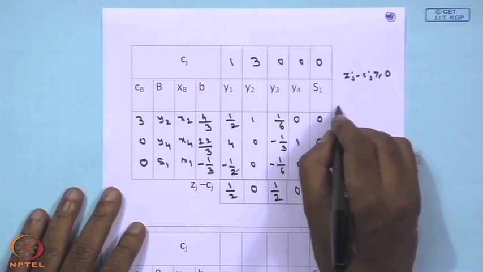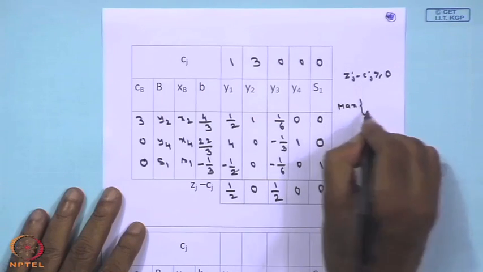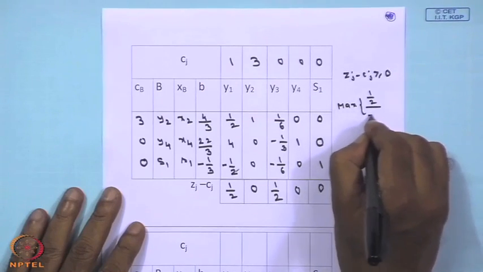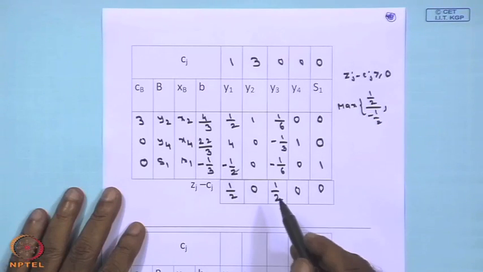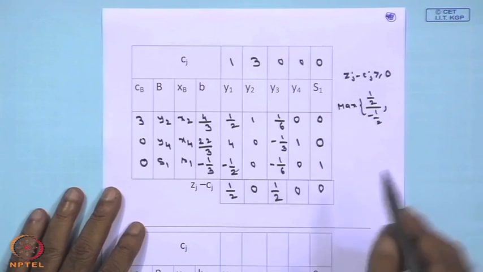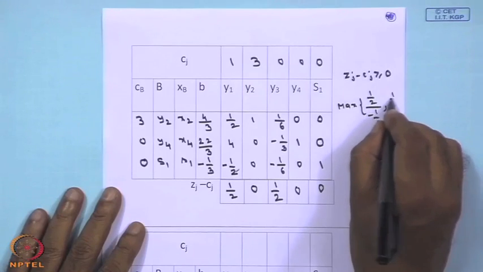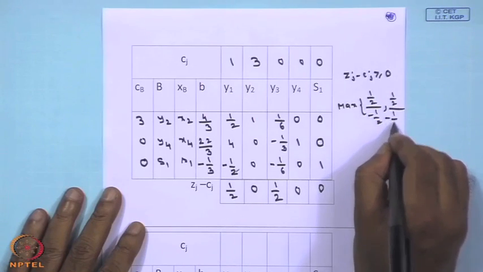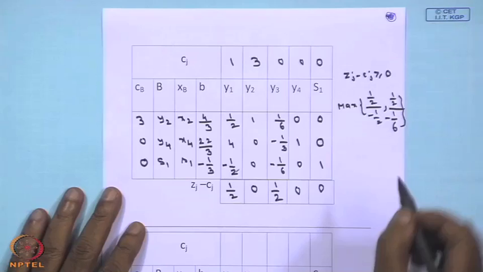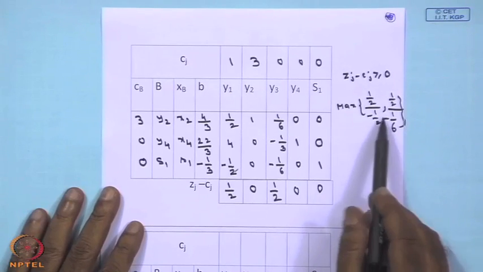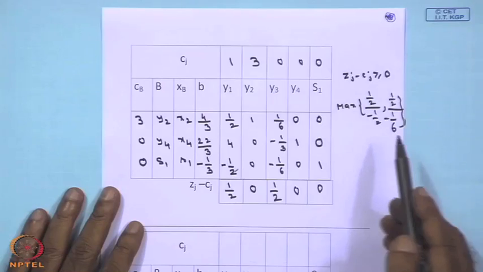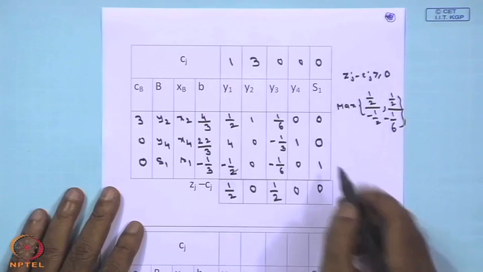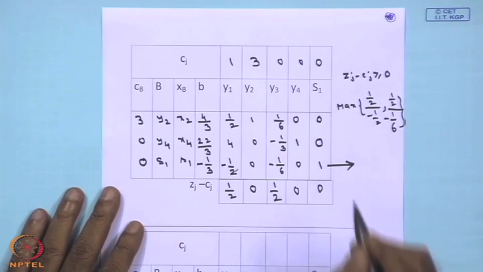I am just reminding you, it will be half by minus half, because here only you are having negative value, and here this is half by minus 1 by 6. So, obviously, the first one is having the maximum value, that is minus 1, which corresponds to this one, therefore, this one is the outgoing.